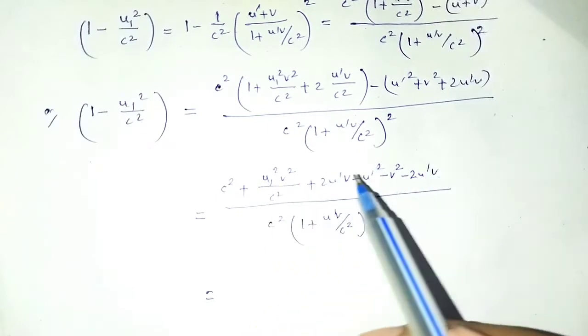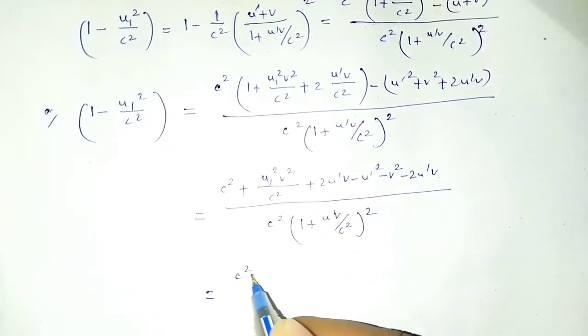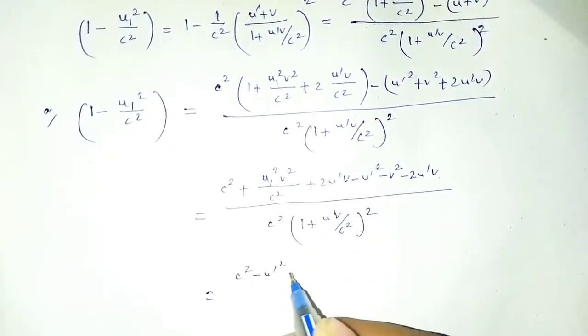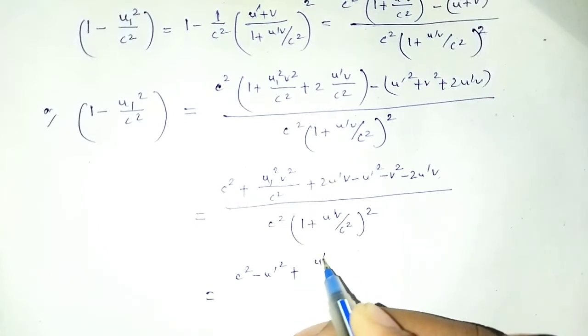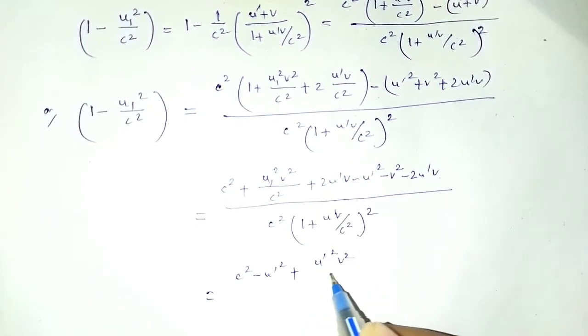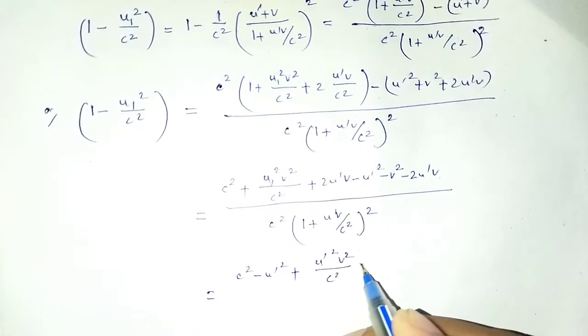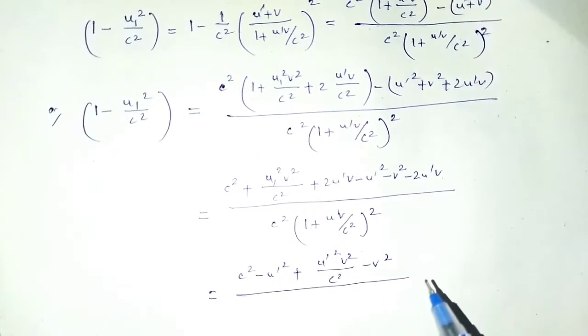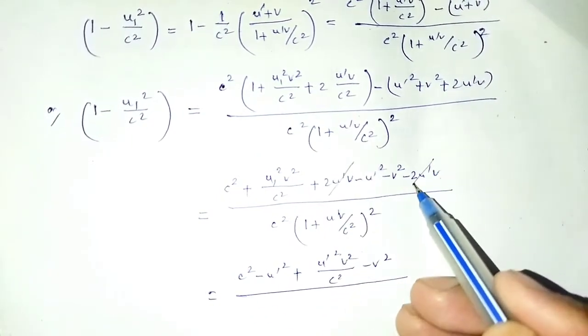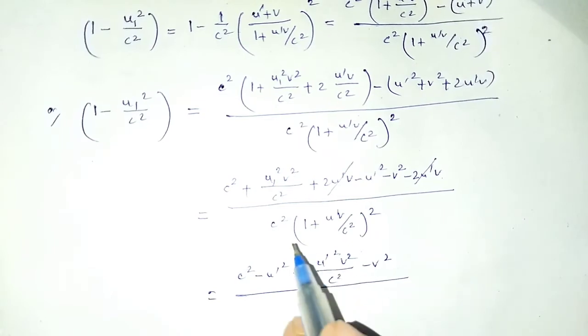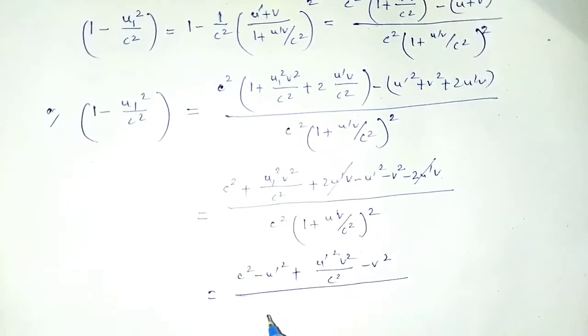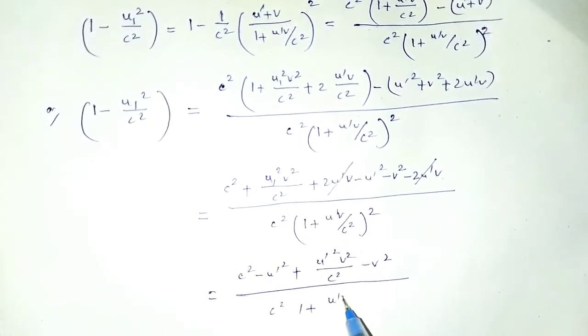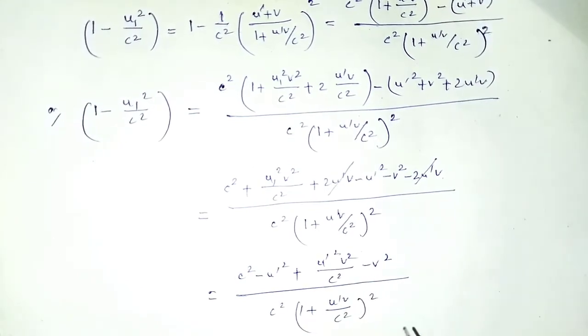In the numerator part, we can write c square minus u dash square plus u dash square v square by c square minus v square. Since these two terms are cancelled, this is divided by c square of 1 plus u dash v divided by c square whole square.